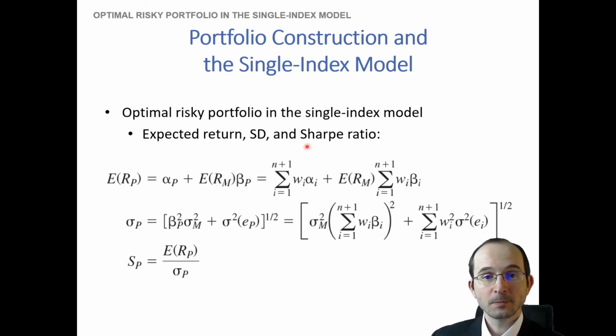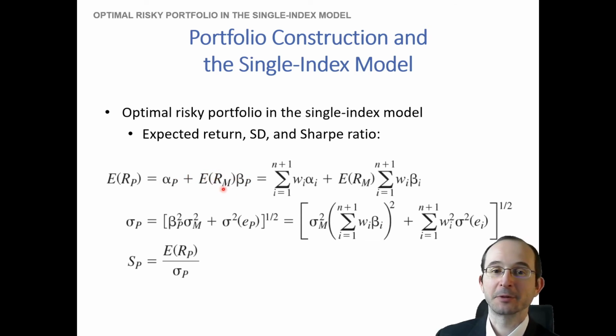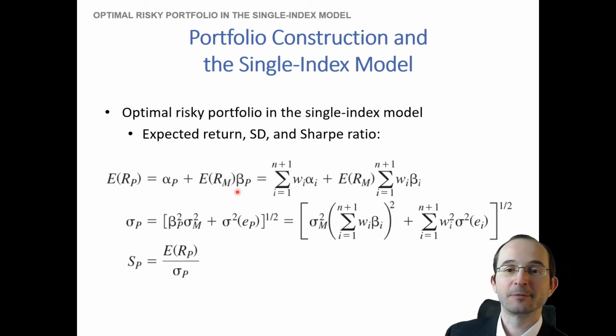Well, the expected return to our portfolio is going to essentially be the alpha of our portfolio plus the expected return from bearing the systematic risk exposure of our portfolio, which is just going to be the expected return to our macro index, to the market, times the beta of our portfolio, just as it is for any risky asset.